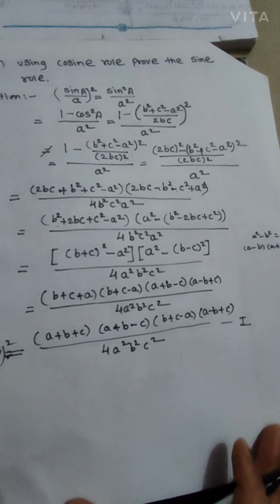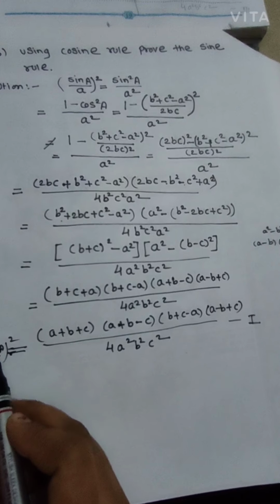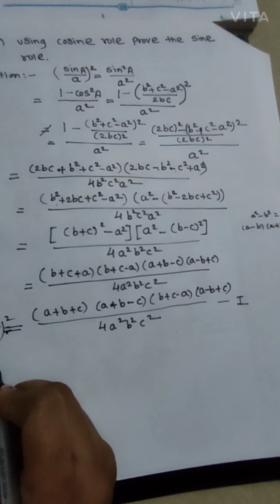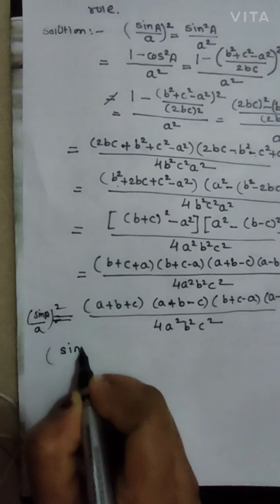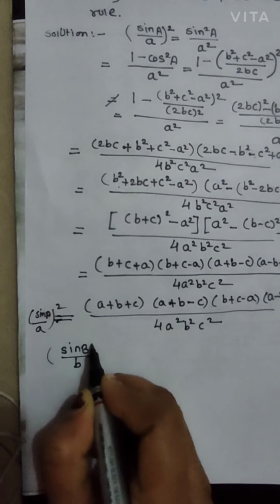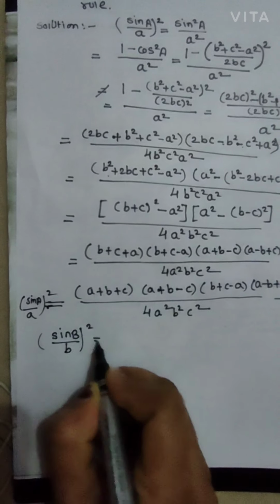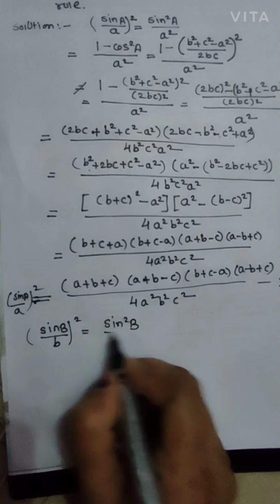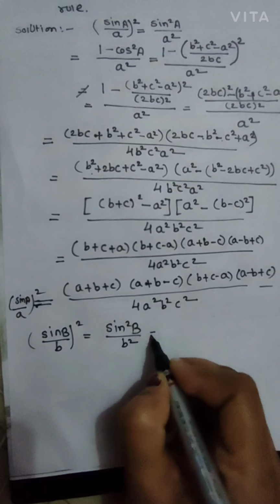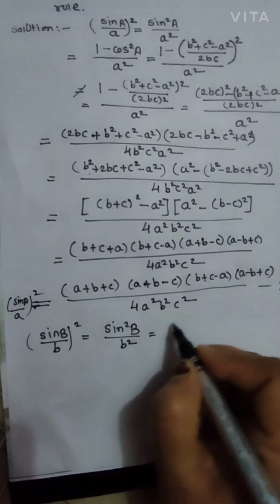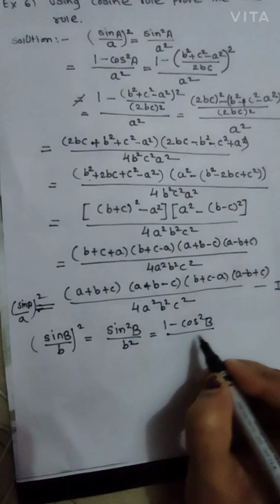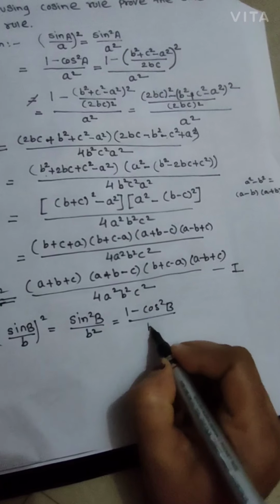Similarly, we can prove this for sin b upon b square. So let sin b over small b whole square, which equals sin square b upon b square. Again, it is in the form of 1 minus cos square b upon b square.